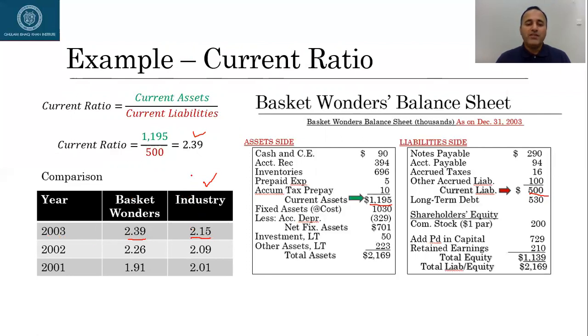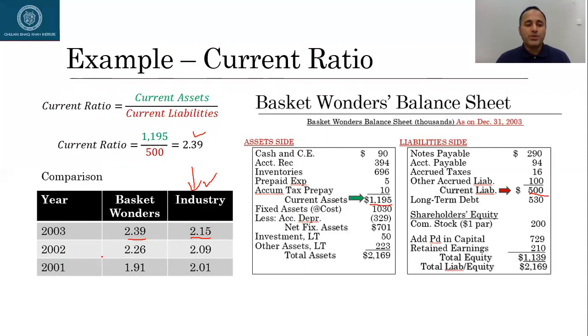Where are we getting these industry numbers? Unfortunately, in Pakistan, there is no way we can get industry standards like averages for ratios. In the US, there are certain companies who calculate average ratios across industries, so we are getting this number from that publication.